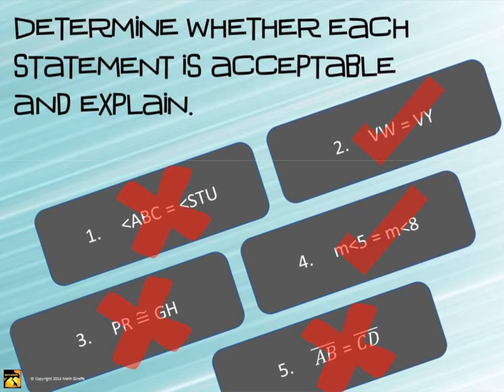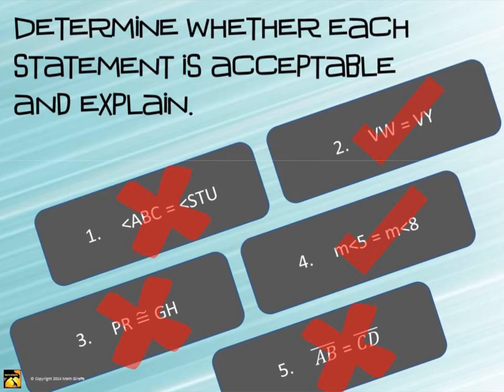Okay, so here are the answers. Number 1 is incorrect because there's no M in front of that angle, and so they are talking about the actual figure, and so there needs to be a congruent symbol in between. 2 is correct. There is no line above the VW or VY, and so you're actually talking about their lengths. So those are measurements, and those are equal. 3, same thing as number 2. We're actually talking about the length, so you need an equal sign, not a congruent symbol here.